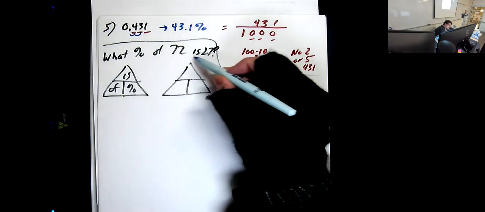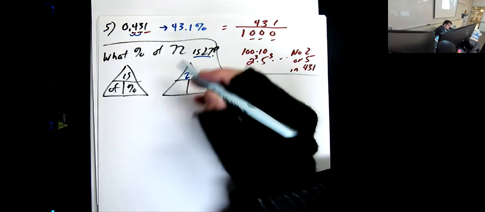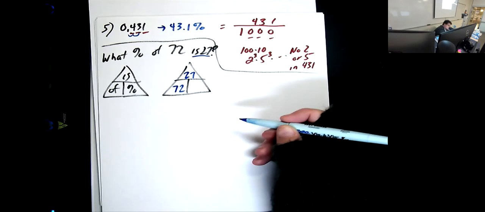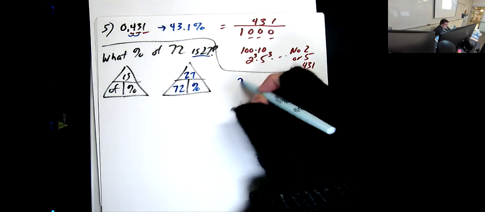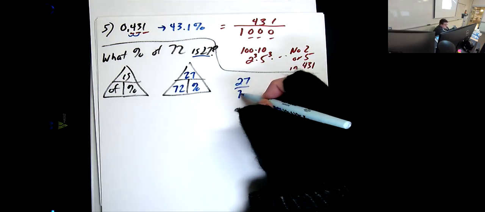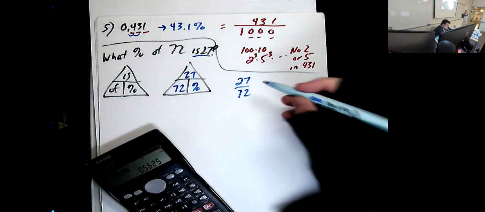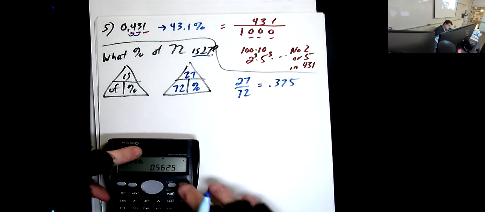The 27 goes with the is. The 72 goes with the of. So I don't know the percentage. I am looking at division. So what is 27 over 72? It's going to be 3 over 8, which is 0.375, I believe. Let me verify that in a calculator. It is.